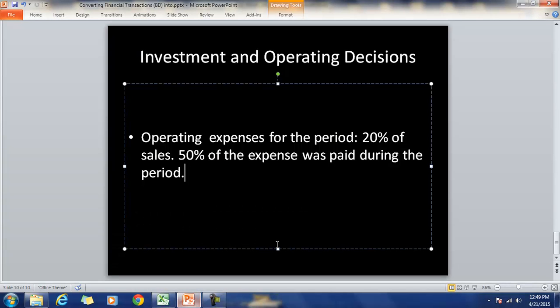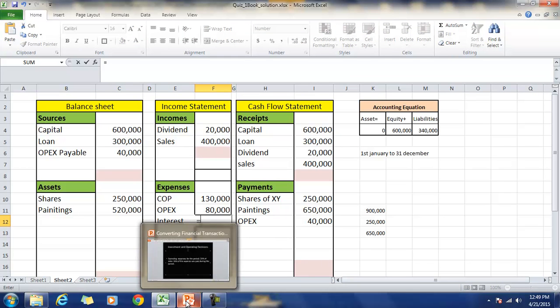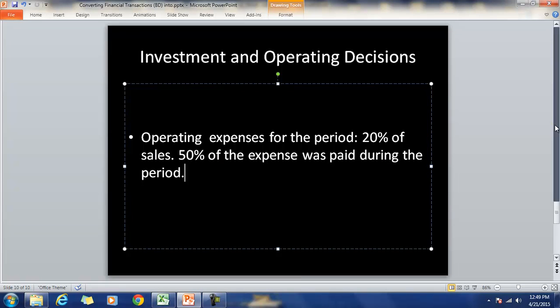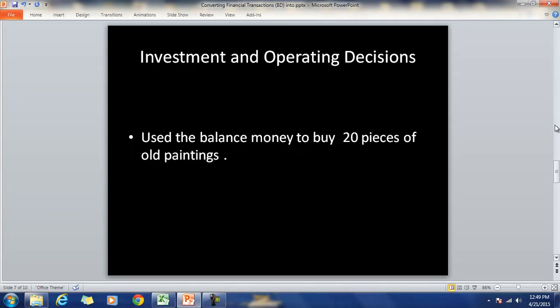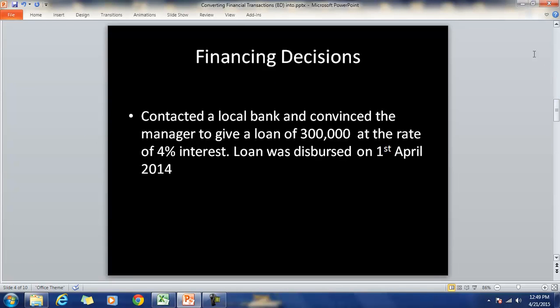Now all transactions are done. But since they've taken a loan, they have to pay interest on that, and interest for the 9 months only. The loan was at the rate of 4%, and they took the loan on 1st April.